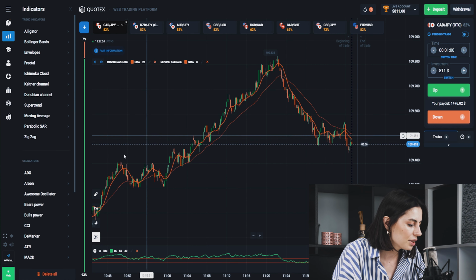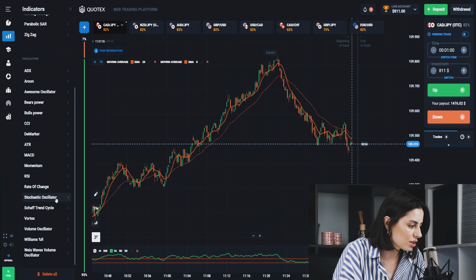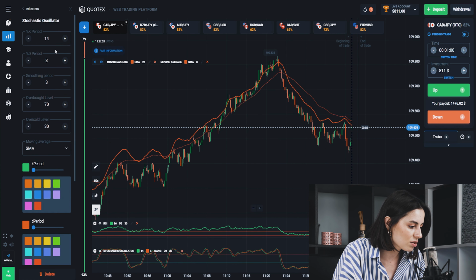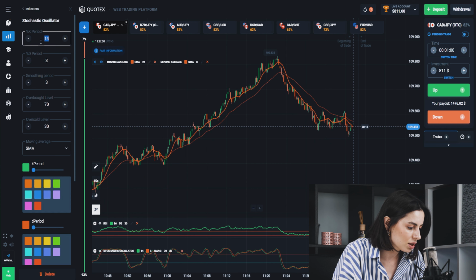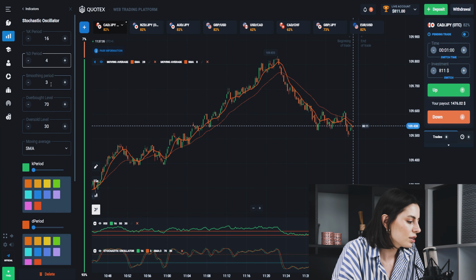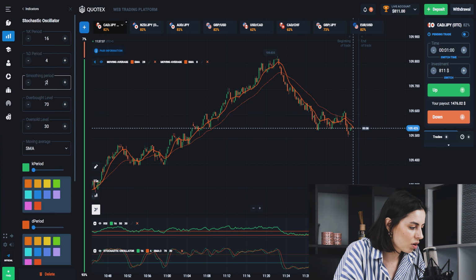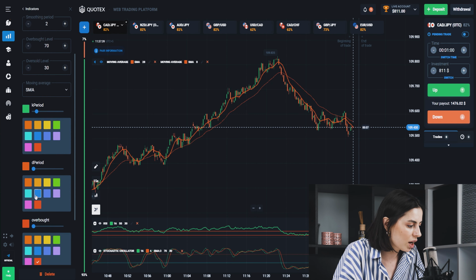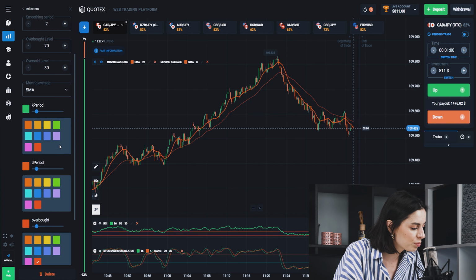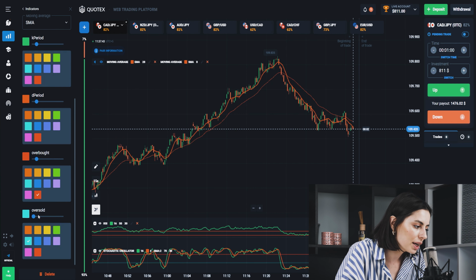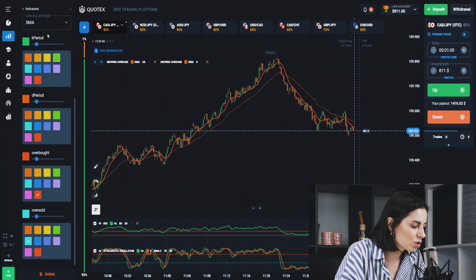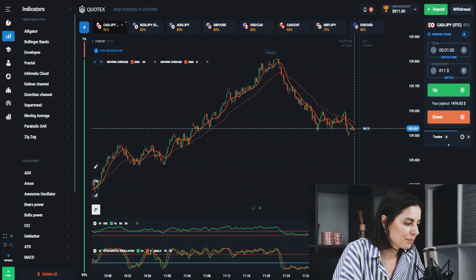Yep. Here's gonna be this stochastic oscillator on periods 16, 4 and 2. Sometimes when I'm putting all of that, it seems like it's going to be so complicated. There's so many things to be attentive to, but actually not that hard.